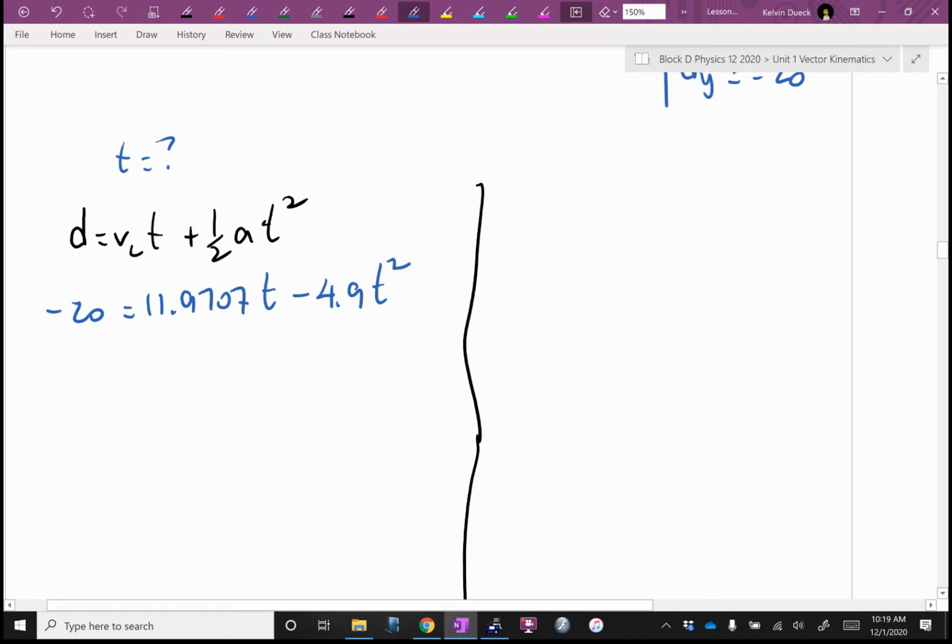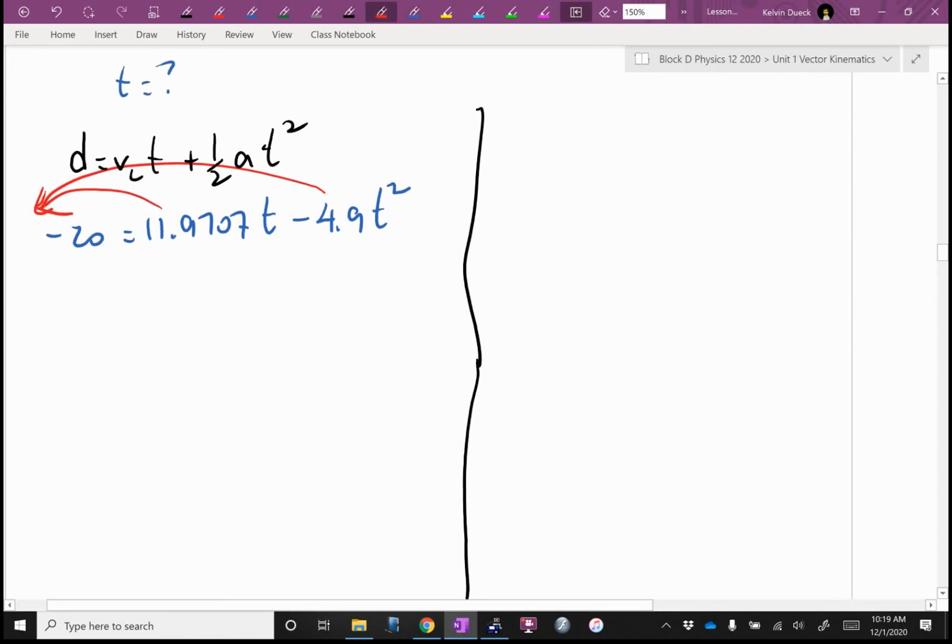Before I even start, what do I have to do? Make it equal to zero. McKenna, move that over and move that over. So my new improved equation is positive 4.9 t squared, take away 11.9707 t minus 20 equals 0.